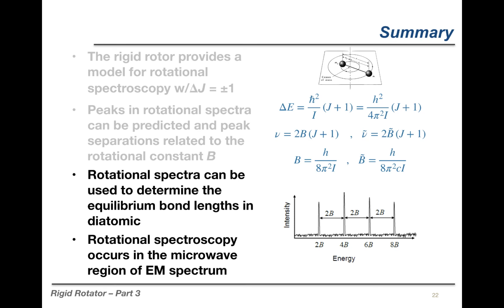And we noted that rotational spectroscopy tends to occur in the microwave region of the electromagnetic spectrum, and that's why, again, rotational spectroscopy is also referred to as microwave spectroscopy.